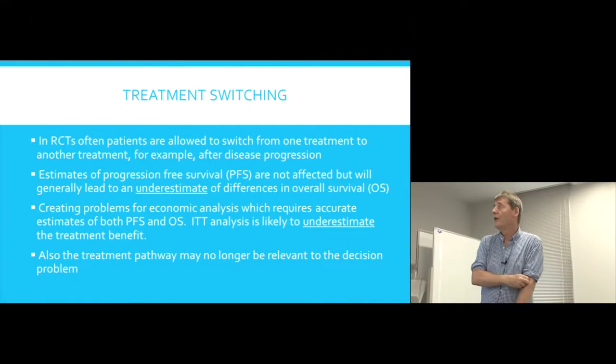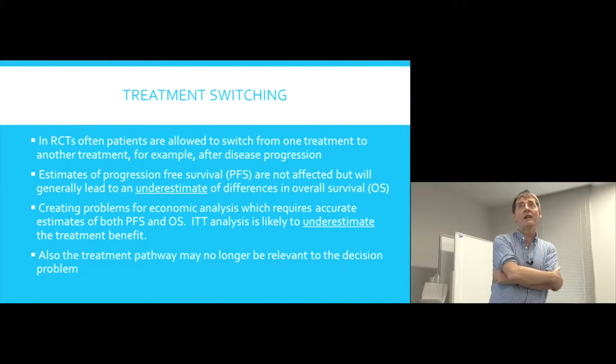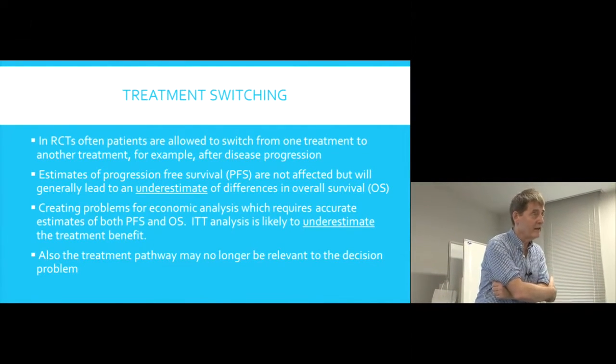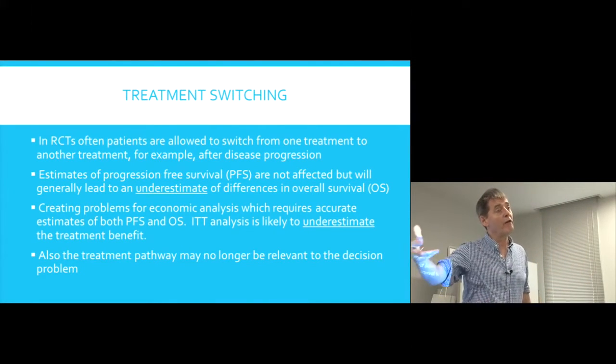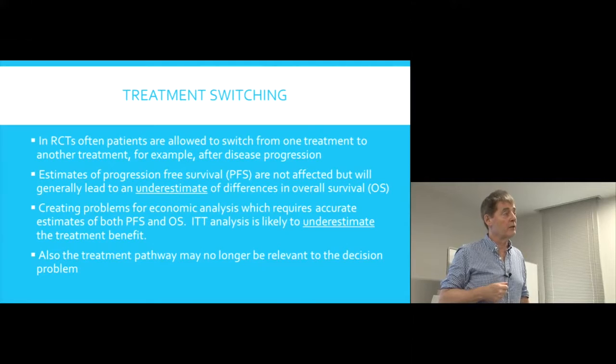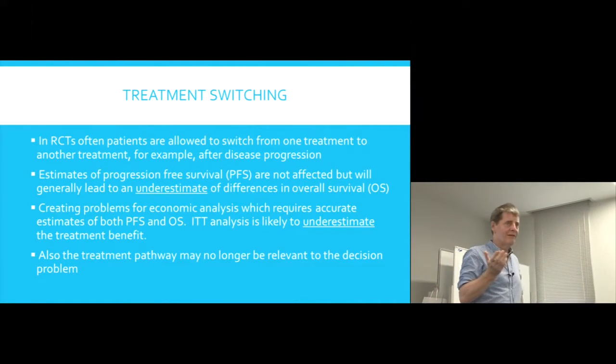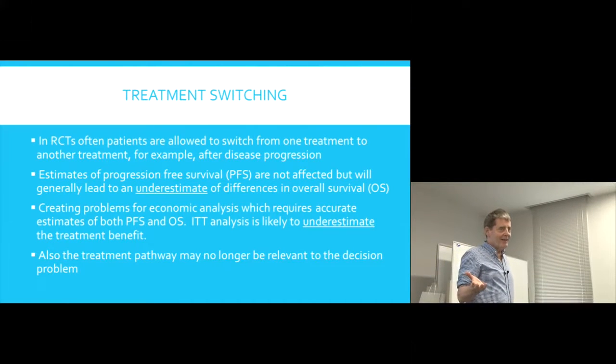For example, when their disease progresses, they'll stop getting the treatment they were getting, and they may well be offered the alternative treatment. Now, this is perfectly reasonable. I mean, it's almost like punishing the patient for coming into the trial if you don't allow them to switch. Because if they progress, that drug has not worked for them.